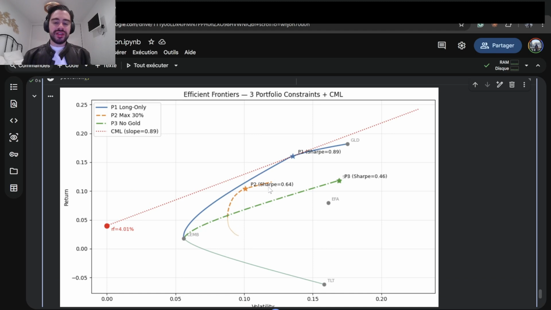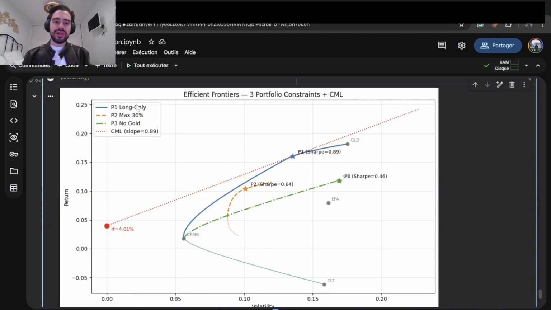The curve is a bit smaller because the interval between the negative and maximum positive is smaller, because you cannot concentrate 100% of assets in just one asset. So you can see it's lower. And yeah, here you can have 100% allocated to gold. So you have a potentially higher return in this one.